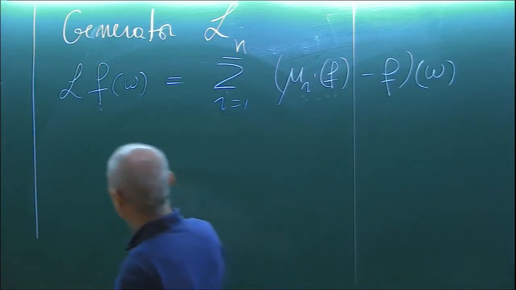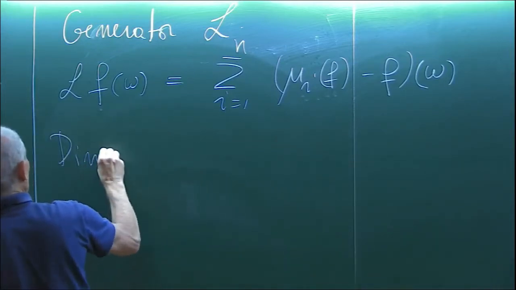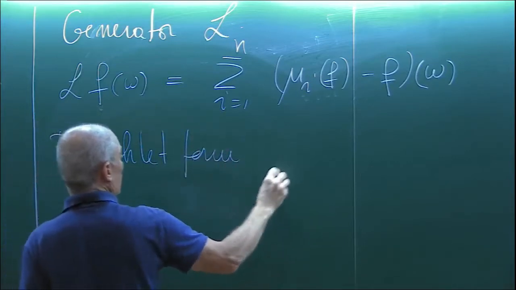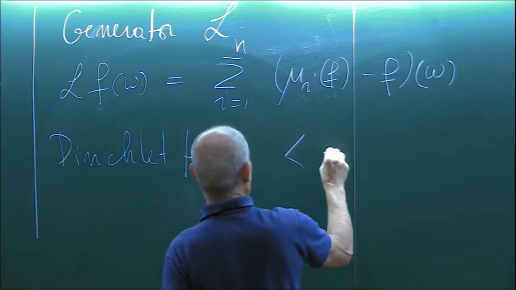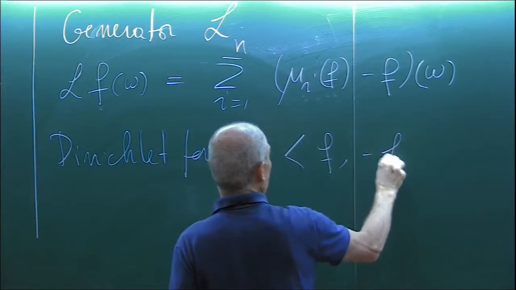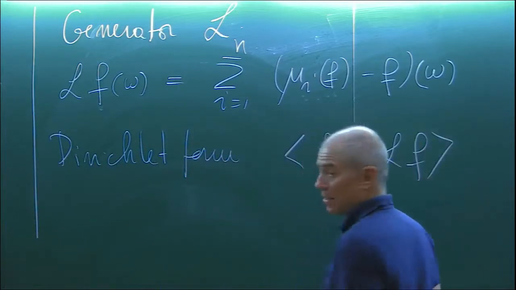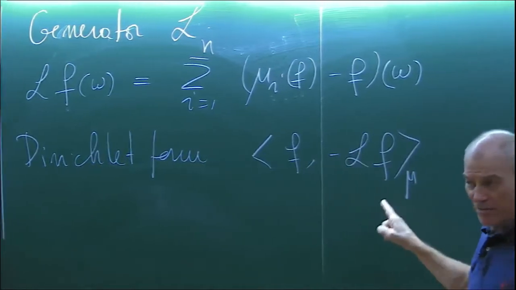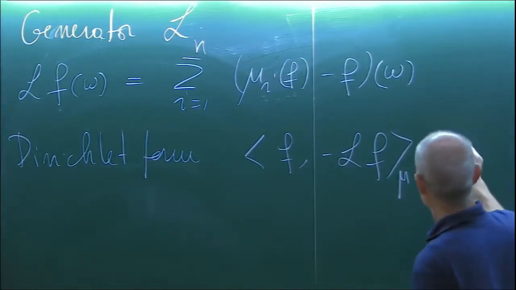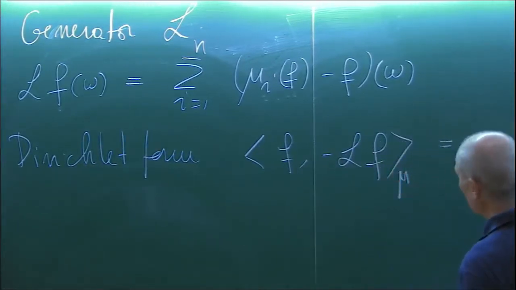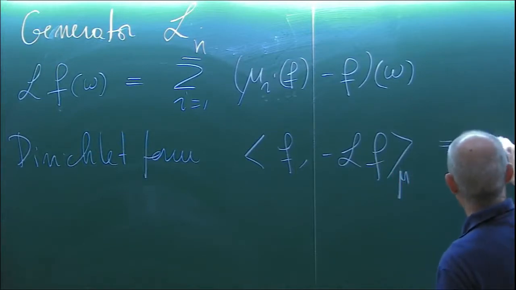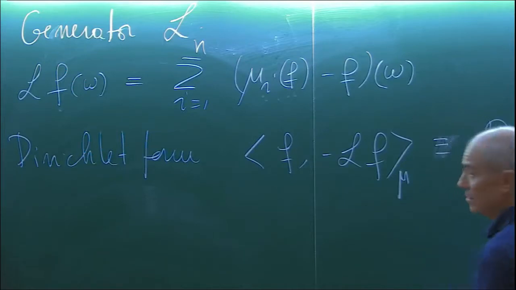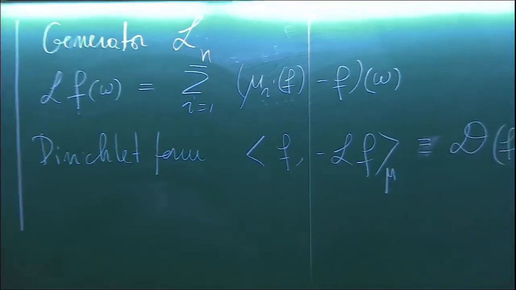Okay, so the Dirichlet form is just the scalar product of f with minus L f, and the scalar product is the standard scalar product for a reversible Markov chain. Usually I will denote this by D(f), maybe Prasad in his lecture too.